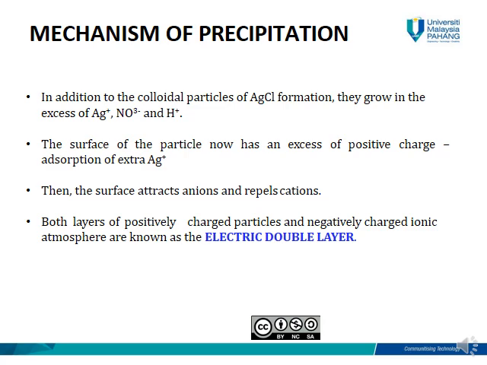Next, this is just the text telling you about the formation of silver chloride, just like what I mentioned in the previous figure. In order for the colloidal particles of silver chloride to form, they also grow impurity.